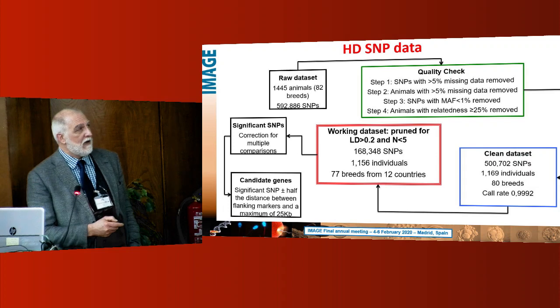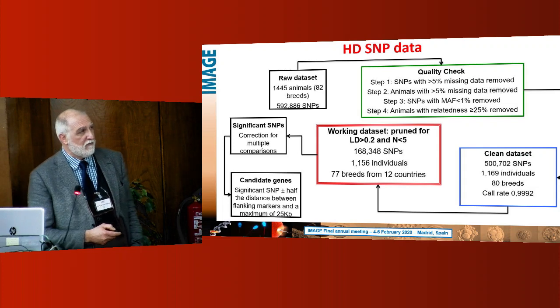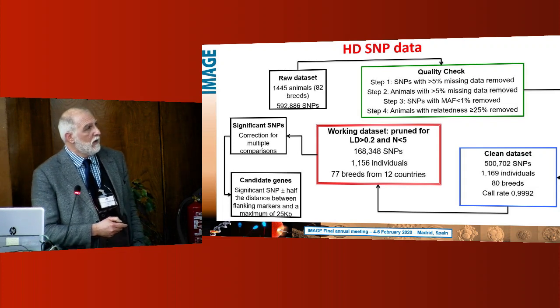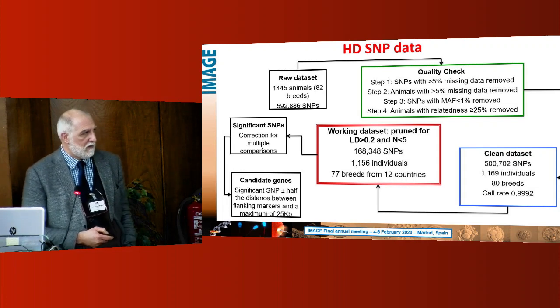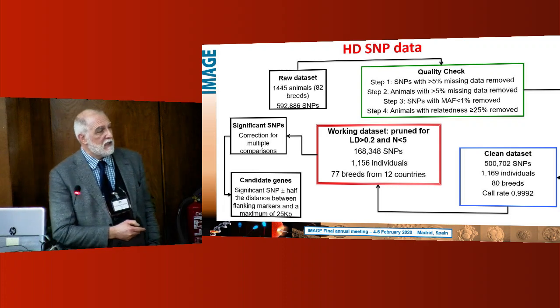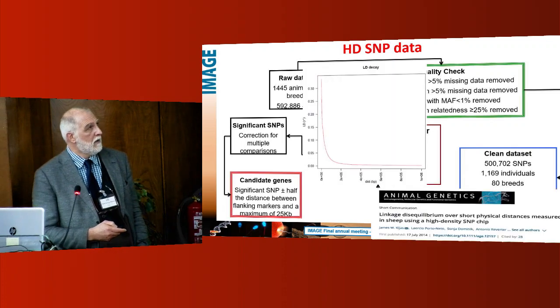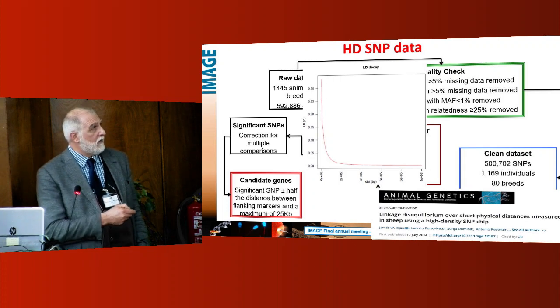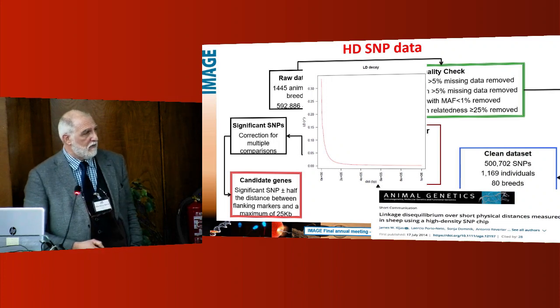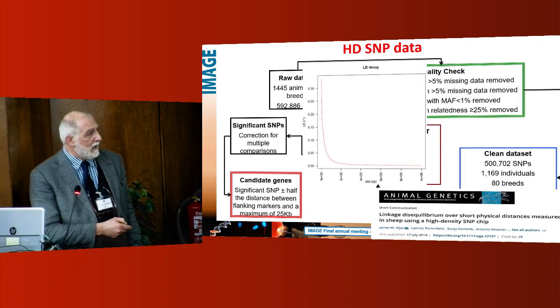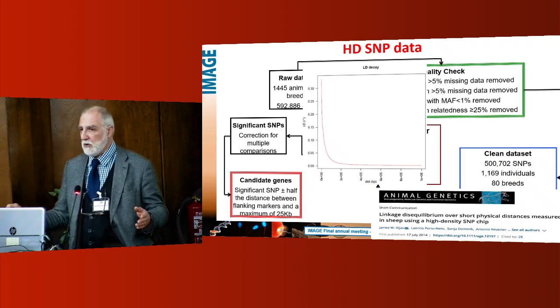At the end, after the cleaning stage, cleaning for LD and for the number of animals in a breed, we had about 168,000 SNPs on 11,000 individuals from 12 countries and 77 breeds. After running the analysis that we'll see in a few moments, we collected candidate genes in a very narrow range compared to the associated SNP, so a narrow area.